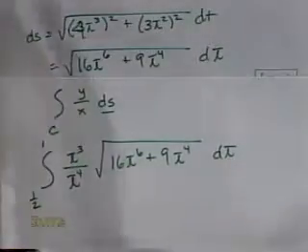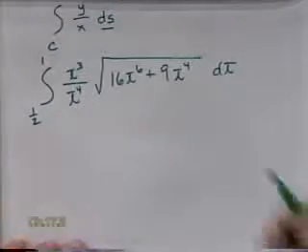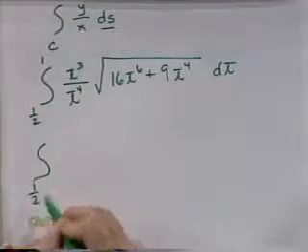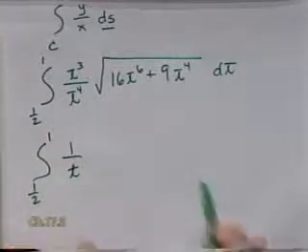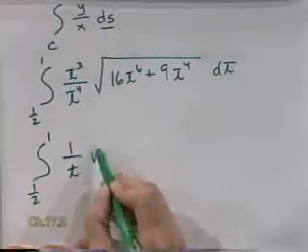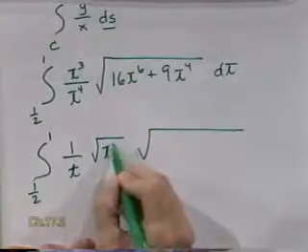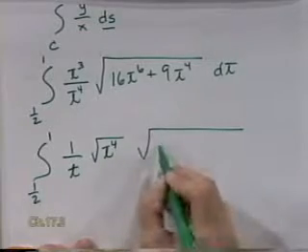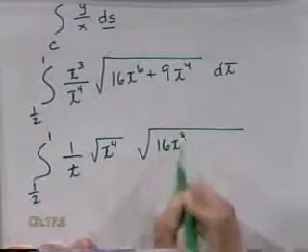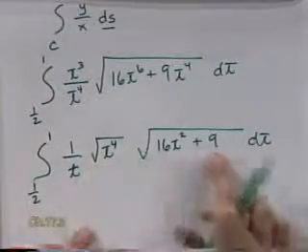Okay, and now we have to deal with how we do this integration. Well, first of all, I think most of you will agree t cubed over t to the 4th is 1 over t. But notice in here, we could factor out t to the 4th. I'm using the fact that the square root of a times the square root of b is the square root of a times b. So in here, I really just have 16t squared plus 9 dt, because both of these are underneath the square root.